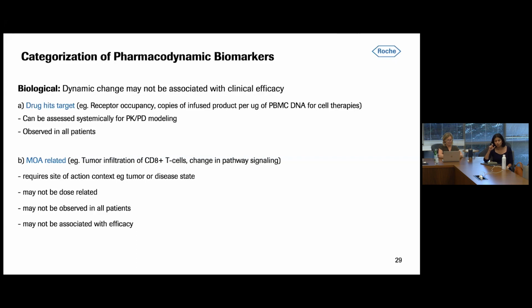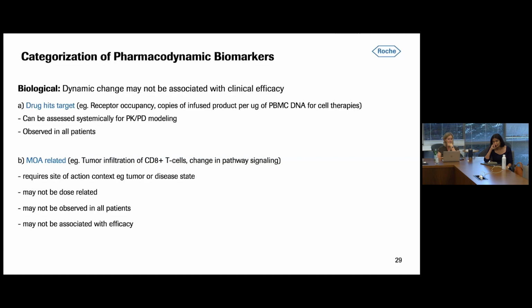And this is where showing a biologically active dose becomes really important. The FDA has, in fact, asked drug developers to incorporate biologically active dose finding in their phase 1 and phase 2 trials. And that's essentially what Project Optimus is.